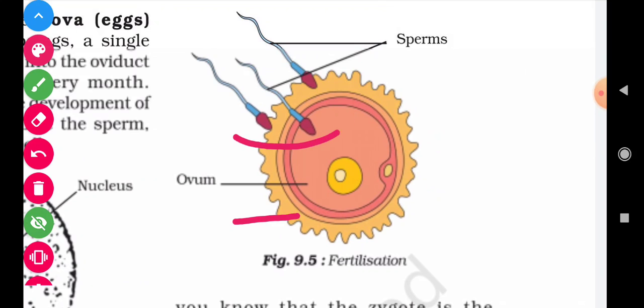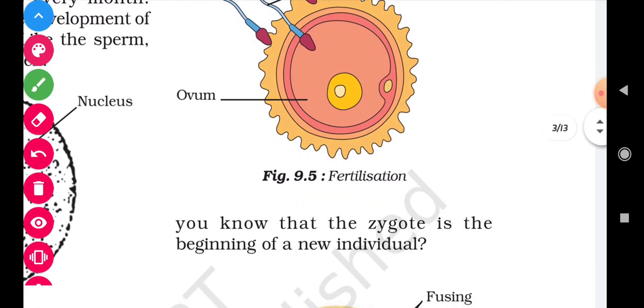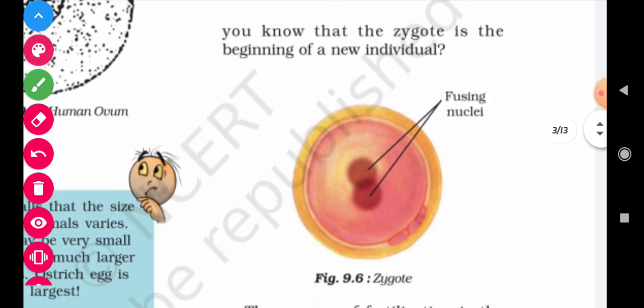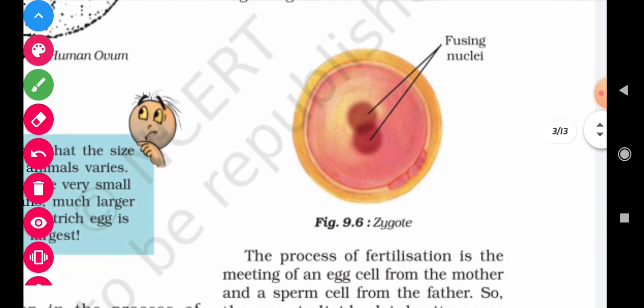These are the sperms. Millions of sperms are there, which come out from the male reproductive system, and then one will fuse with this ovum. So the two nuclei bond with each other and form a single nucleus, and it will form the zygote, which is called the fertilized egg.